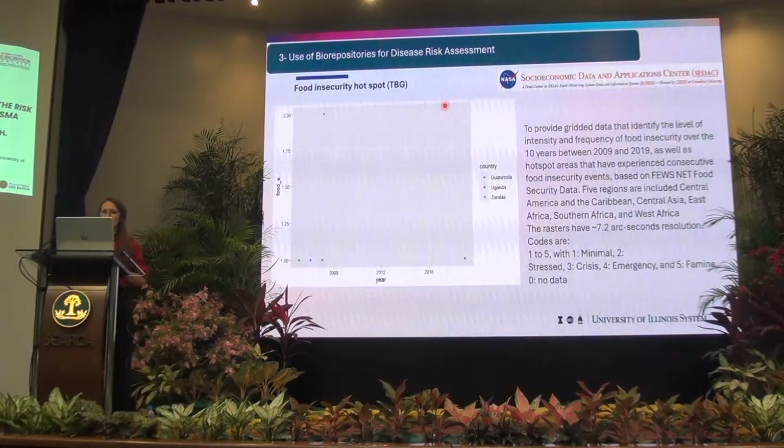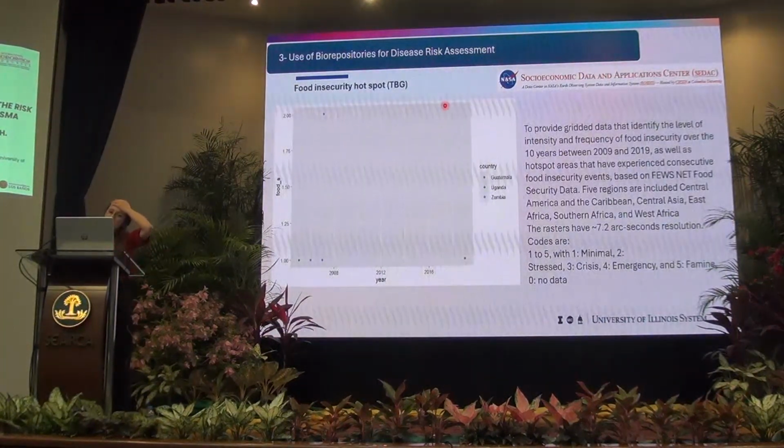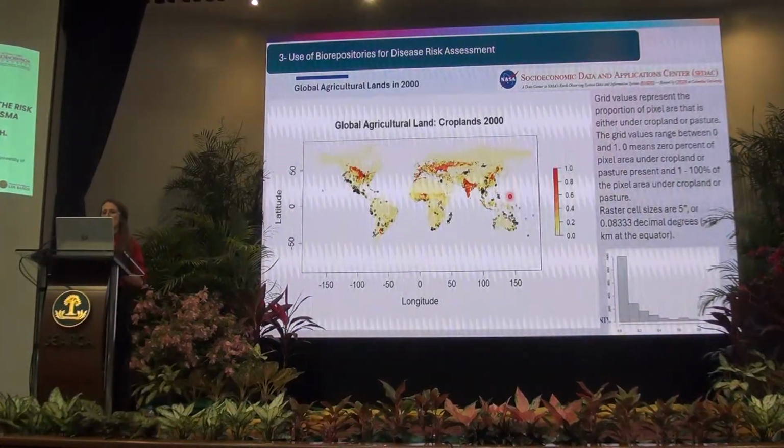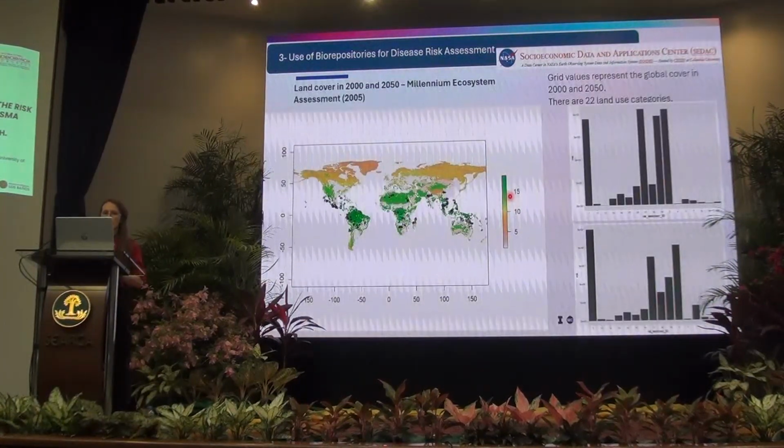I also tried to retrieve the food insecurity data, but unfortunately we have data for just 3 countries in our data set. And then of course agricultural cropland, which is an index that varies from 0 to 1. And then land cover, which is also a nice index from the Millennium Ecosystem Assessment.